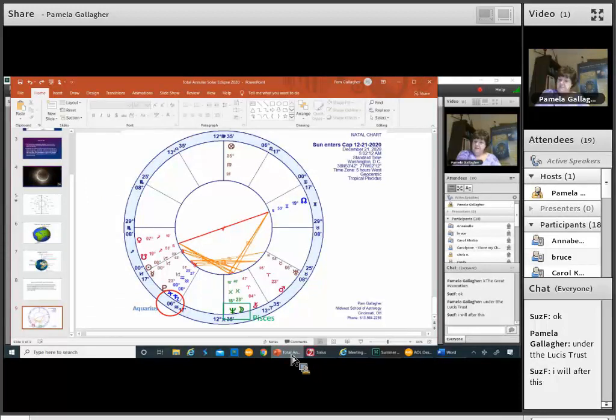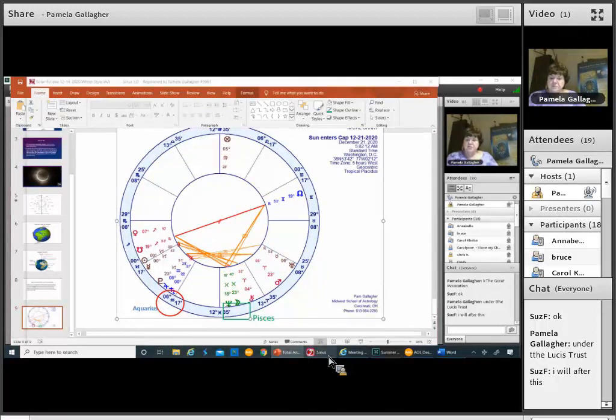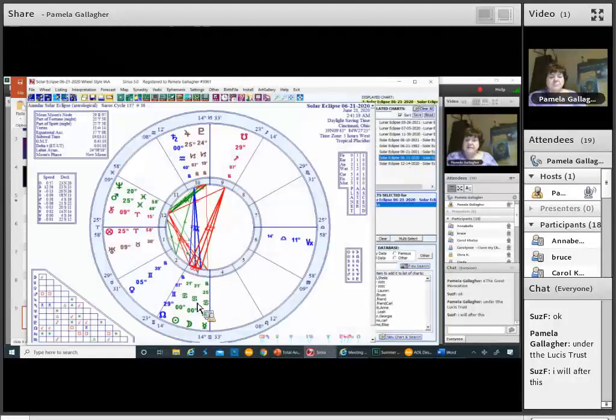I'm suggesting, as we look at the current chart, that between now, which is the summer solstice because it's 0 Cancer, and the winter solstice, 0 Capricorn, we're being called.